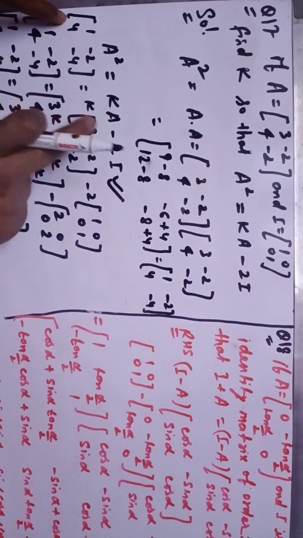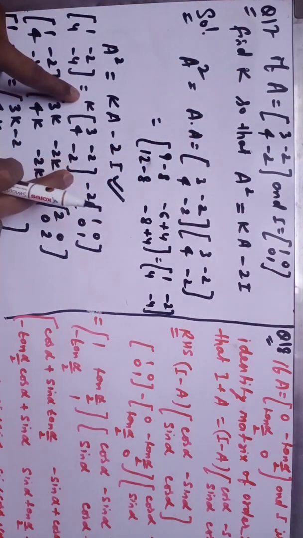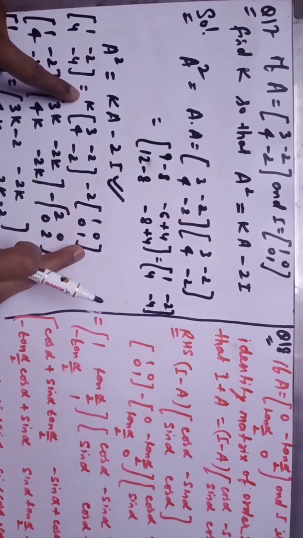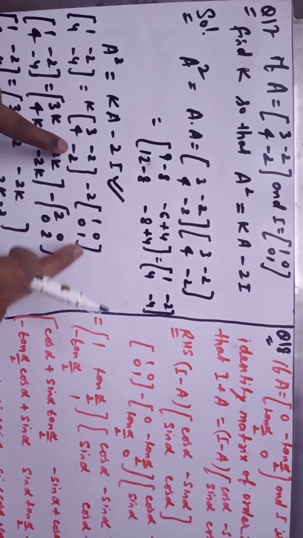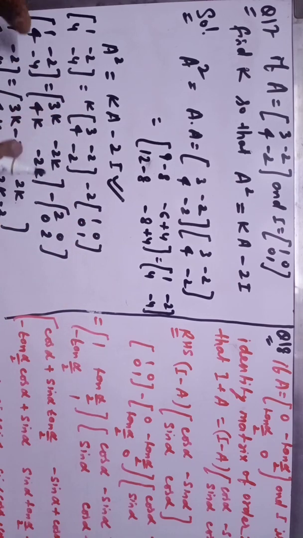A square is equal to KA. K is the same. A is also given in the question, so I am copying A. Minus 2I, the identity matrix, and you just have to put the values of the matrices. Got it? Now you have to insert K here and 2 into this matrix I. When you multiply K with this matrix, you will get this one.